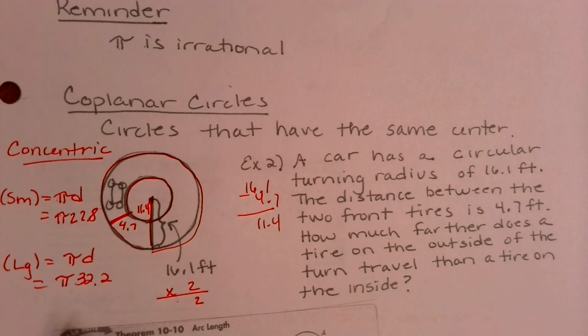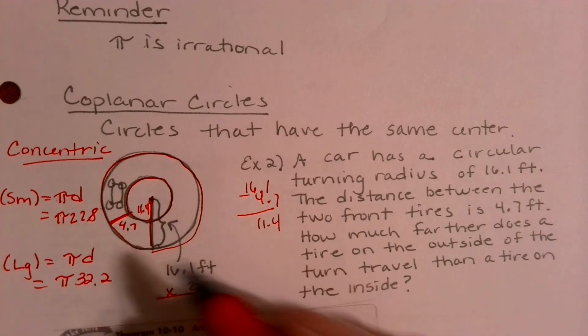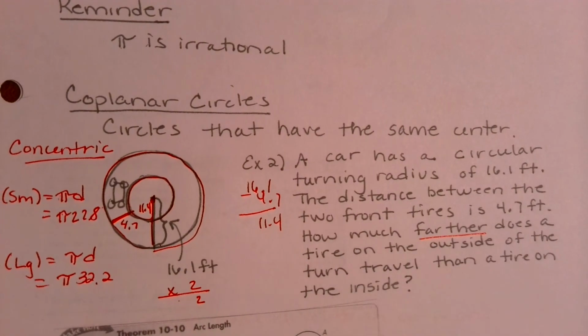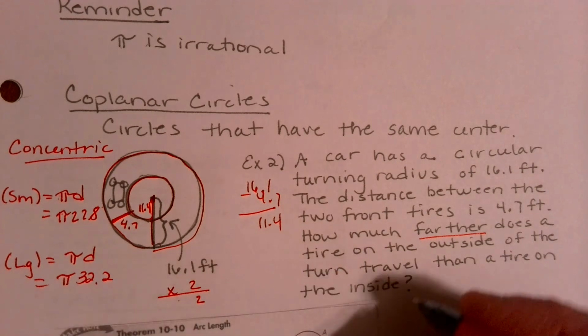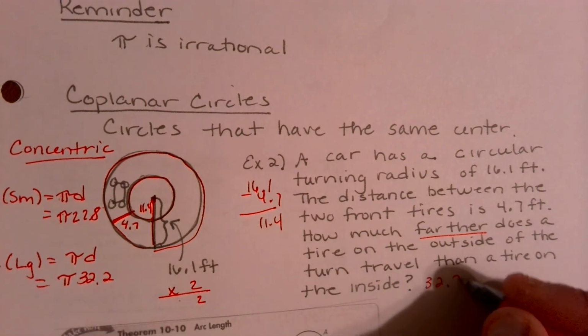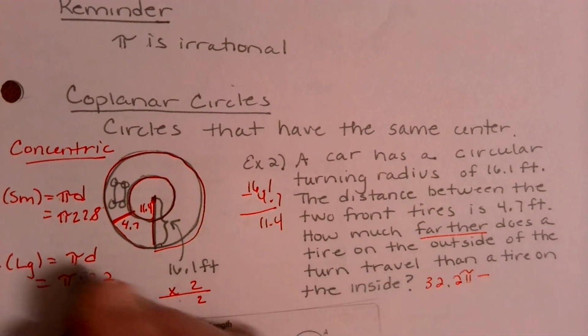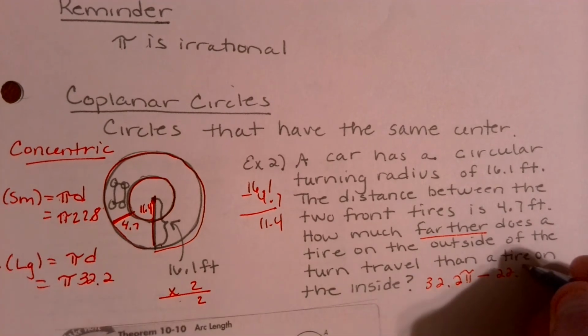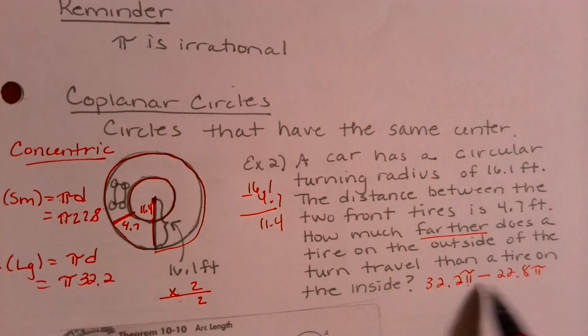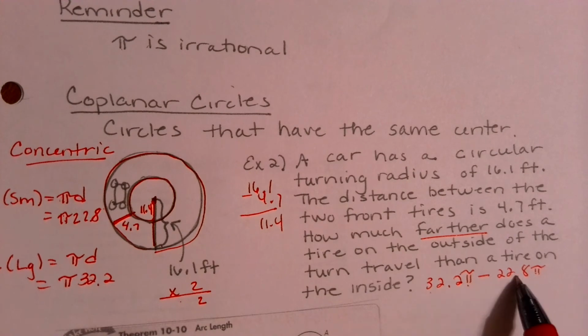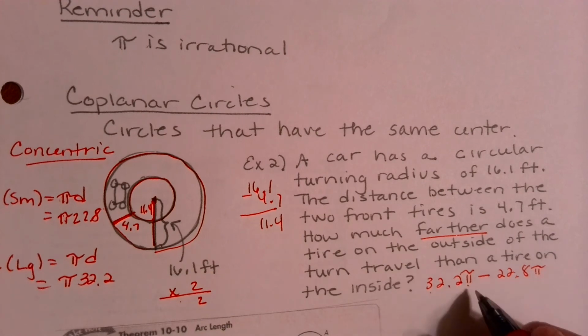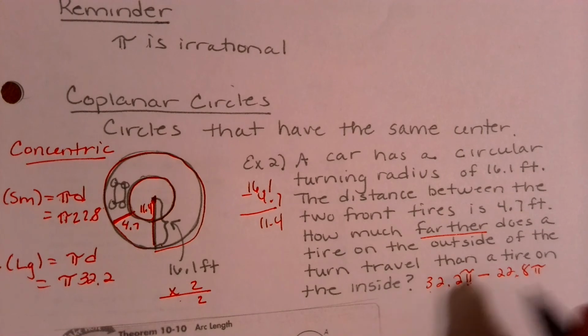Now what do I do, class? I need to subtract, because it said how much farther does the tire turn. So I've got 32.2 pi minus 22.8 pi. And since there's a pi in both, I can just subtract the numbers. It's kind of like subtracting a 32x minus a 14x, because it's the same. So you're basically using the distributive property to factor that out.